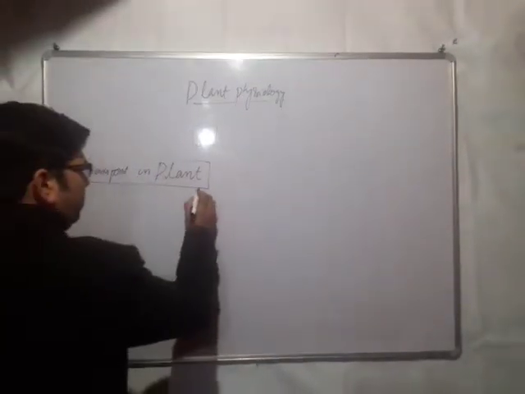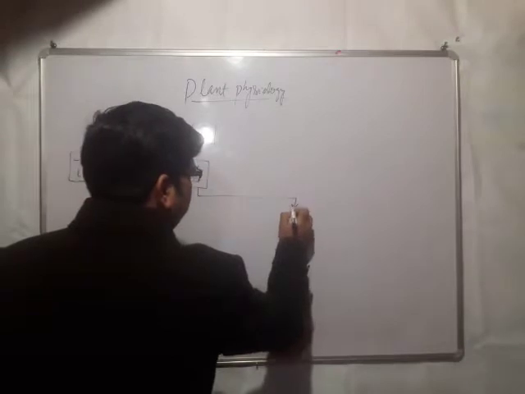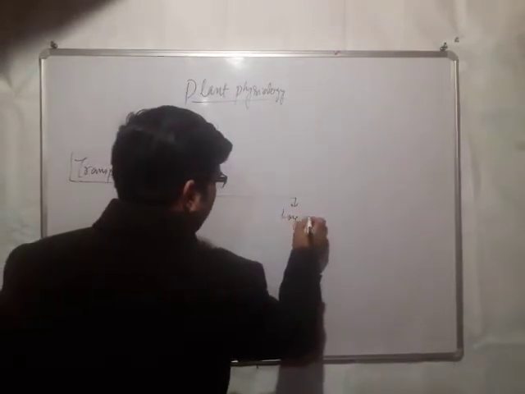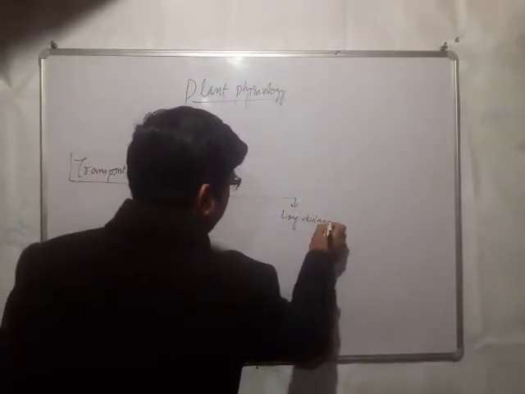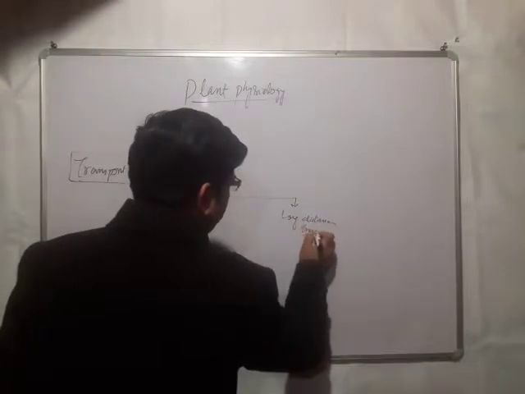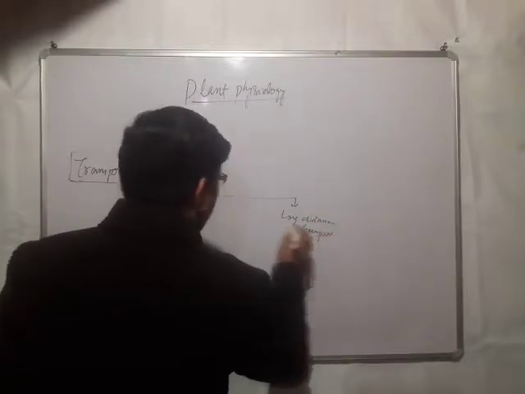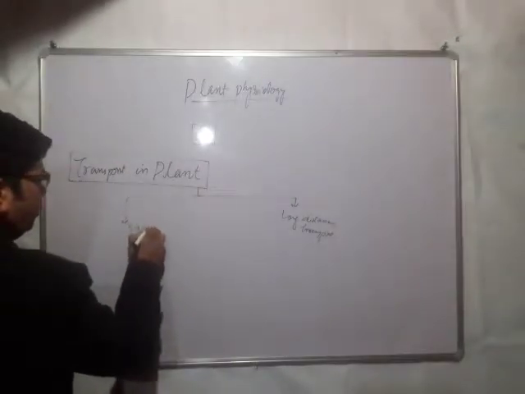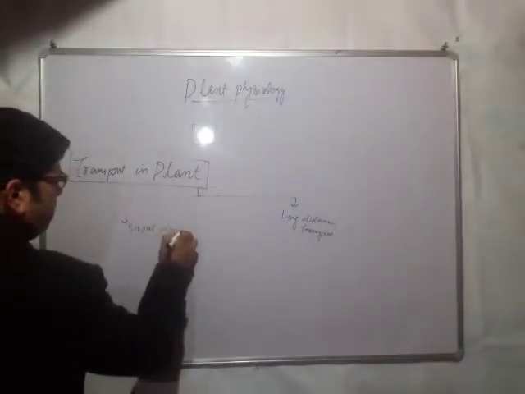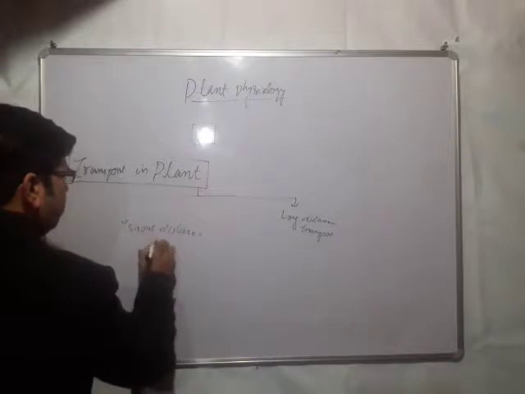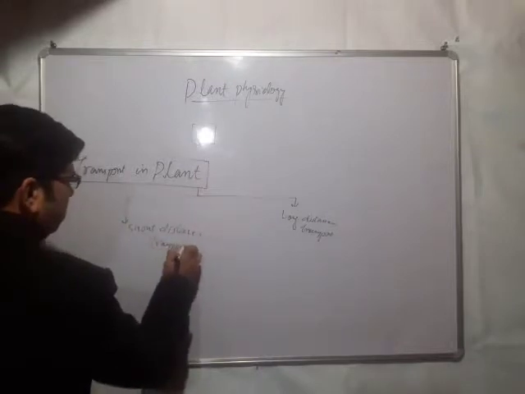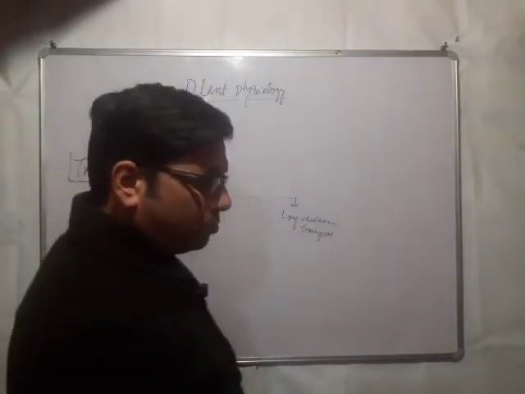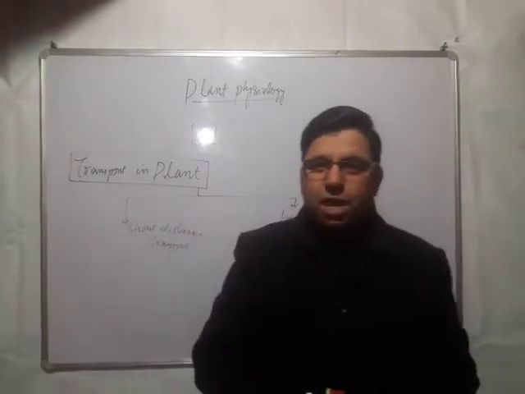So right now, let me start here. Transport in plants. Basically we have long distance transport, and then we have short distance transport. So we have two types of transport in plants.